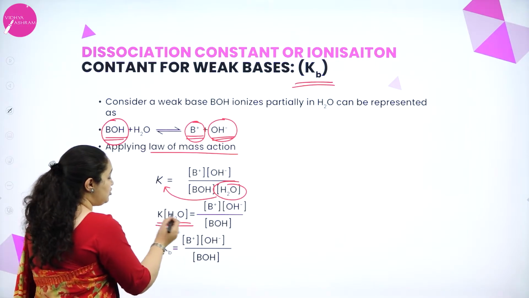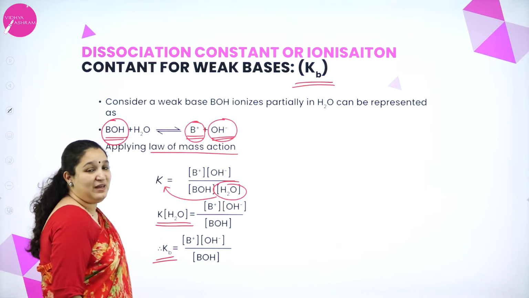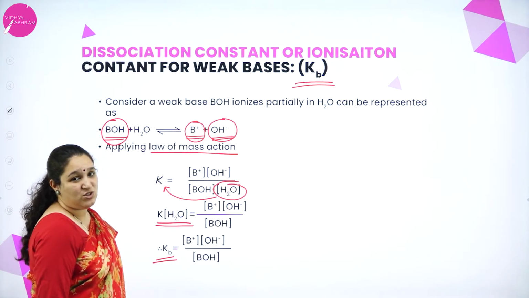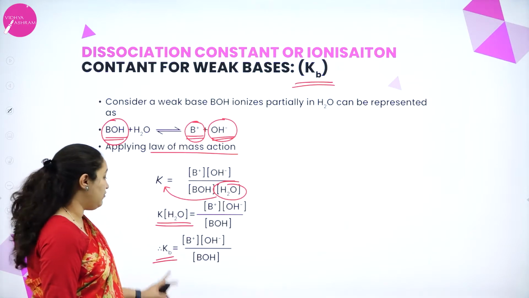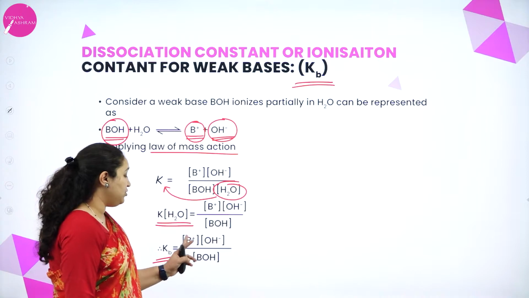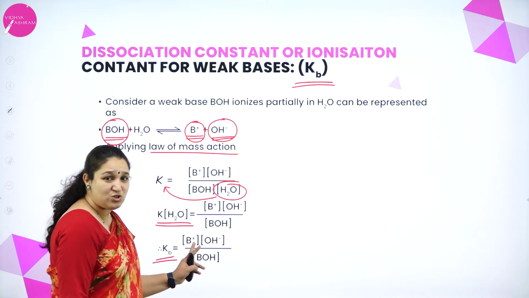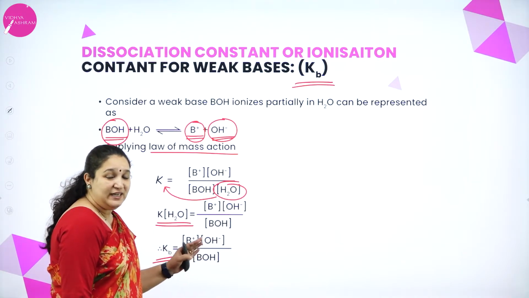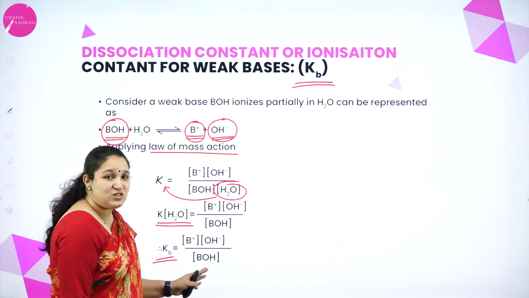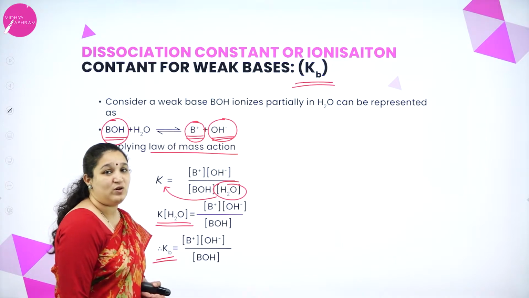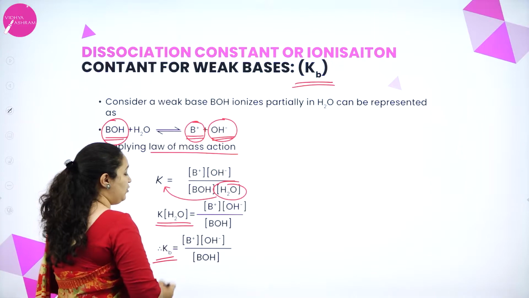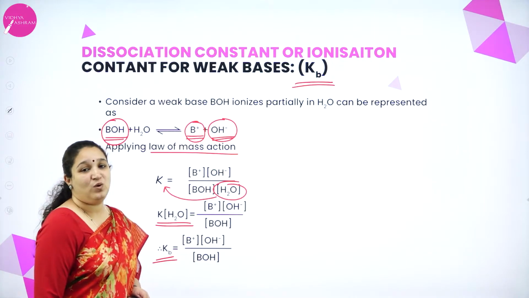Now these two, if I multiply, I'll get Kb, that is the dissociation constant or the ionization constant of a base. It is equal to the product of the molar concentration of the dissociated ions divided by the molar concentration of the undissociated molecule, or the base molecule. So it is B plus into OH minus divided by BOH.